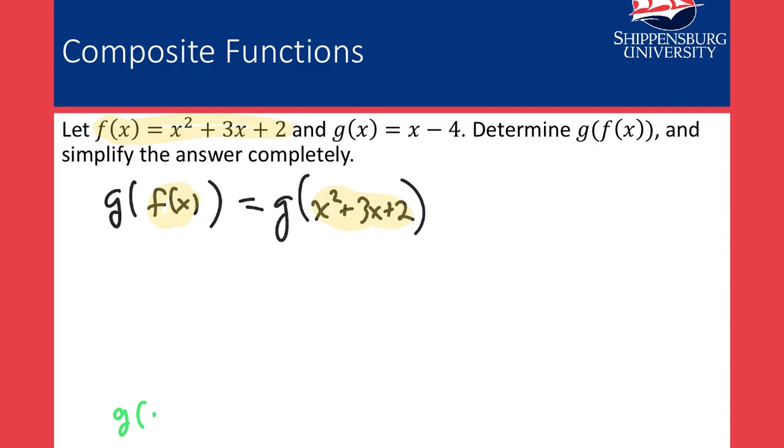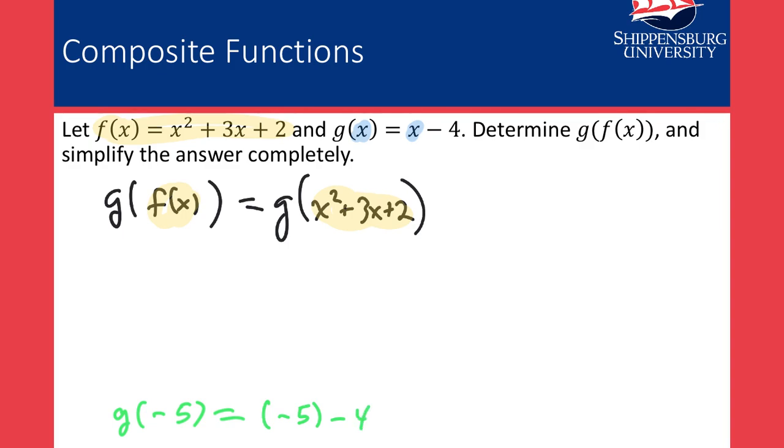So if I had g of negative 5, for example, g tells me that whatever the input is, that goes right there, and I subtract 4. So g of negative 5 means put negative 5 and subtract 4.